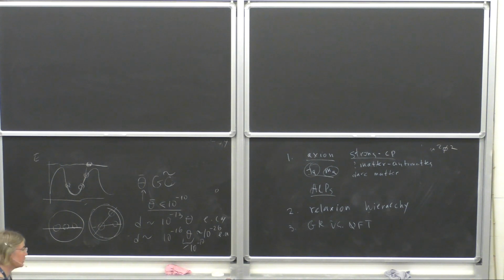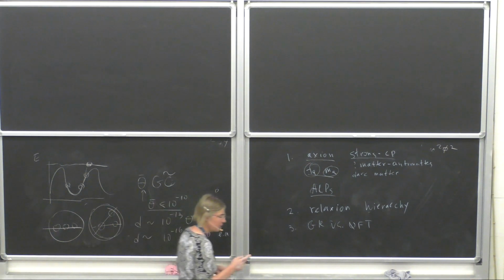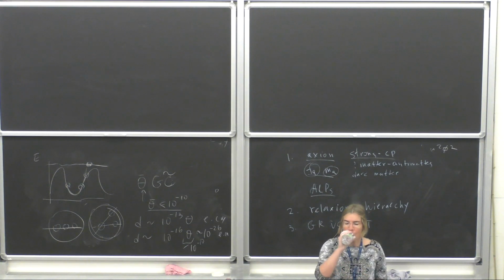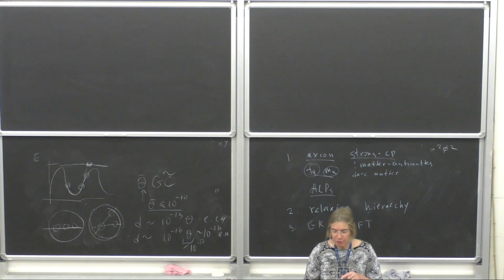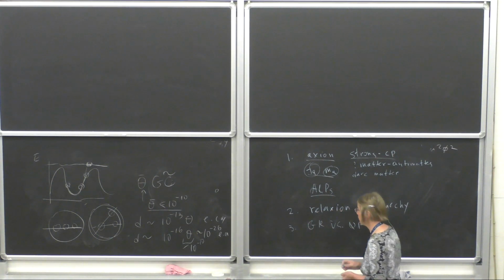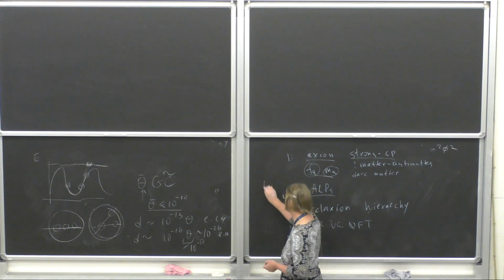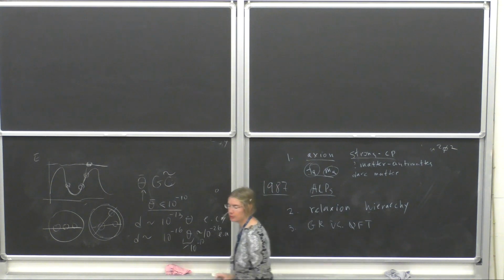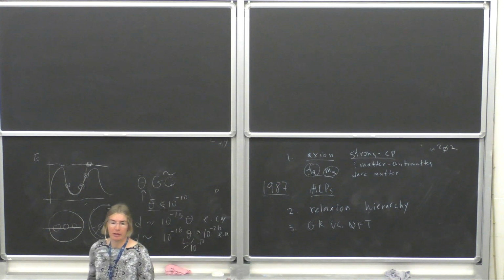Okay, so let's then talk a little bit more about the limits, and I will show you the limits for axions later. Somewhat surprisingly, one of the absolutely best limits on quite a lot of those things, especially the axions, is that in 1987, a supernova exploded in the Magellanic Cloud.